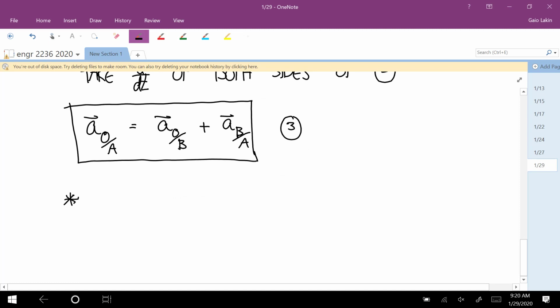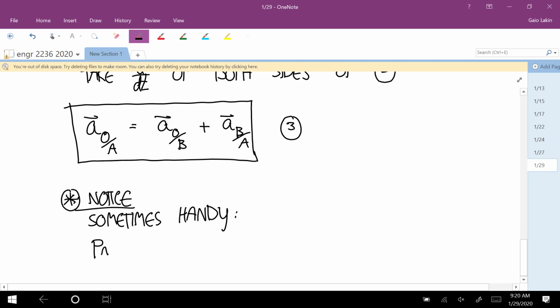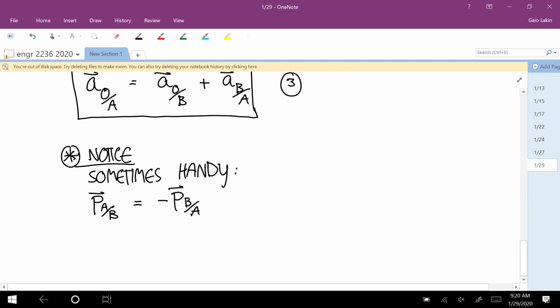So one thing that comes in handy sometimes is for any A and B, position of A relative to B is the negative position of B relative to A. This is true for coordinate system origins and objects, and the same is true with velocity and acceleration.